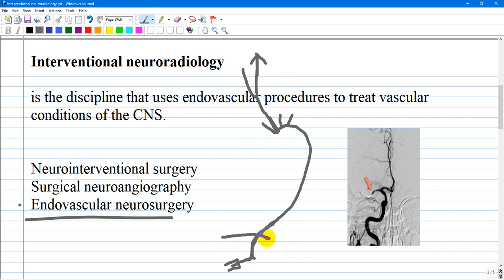So think once again: access through a peripheral artery like the femoral artery, without making any incisions of the scalp. Also, perioperative and anesthetic management strategies optimize conditions for therapeutic interventions, prevent complications and minimize the effects if they occur.